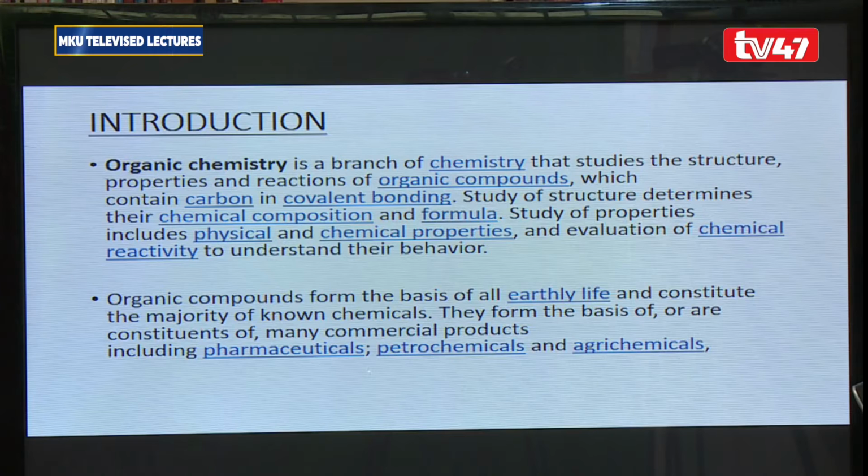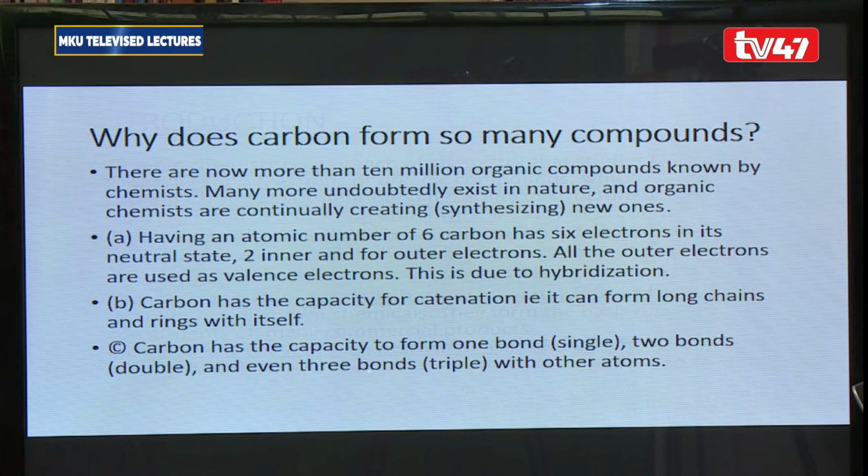And organic chemistry is basically the chemistry of carbon compounds which are covalently bonded. So the first question that one would ask: why would we study the chemistry of one element separately from the chemistry of all other elements, which are much more?